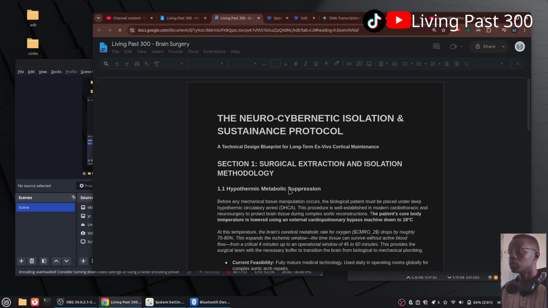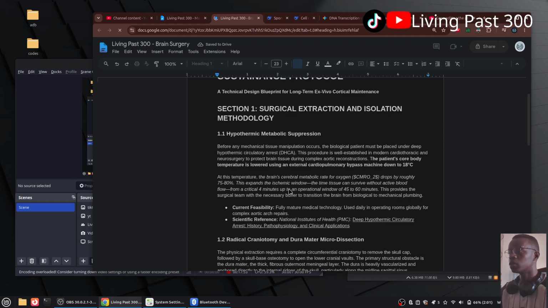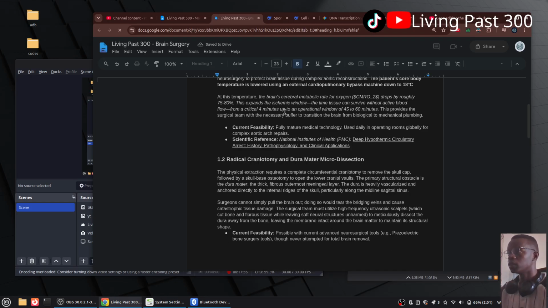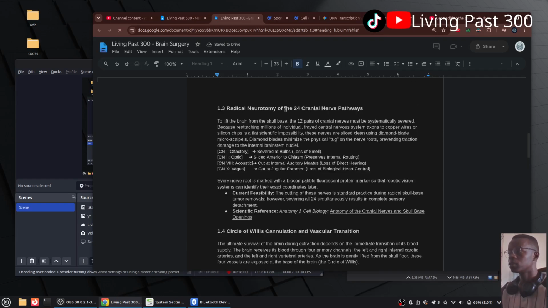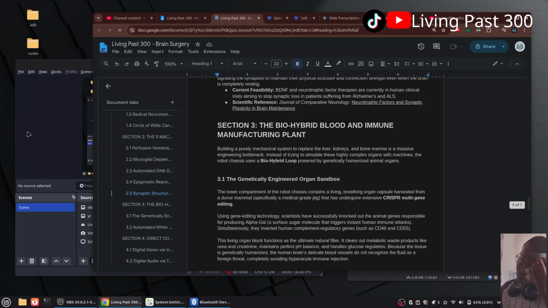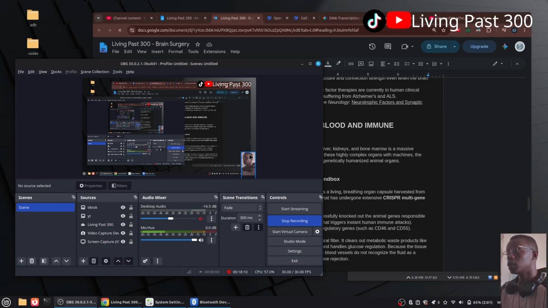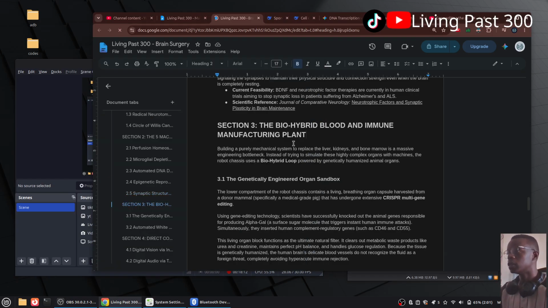And this is the surgery that would be involved. So let's go quickly through this full document. I'm waiting for it to load fully, and we'll go through it.